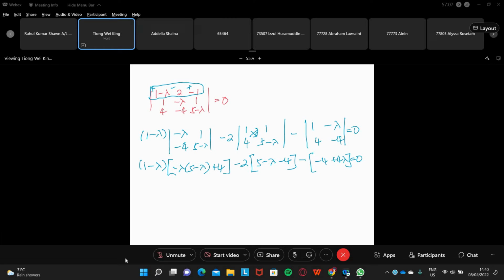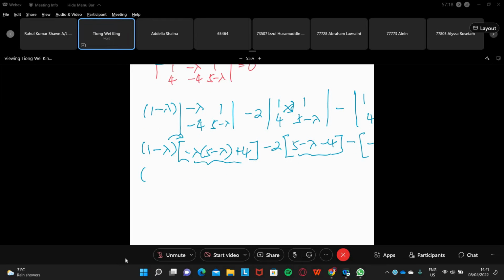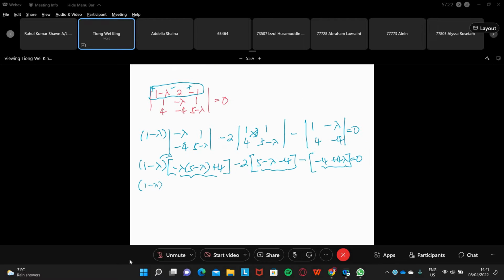So don't be so eager to expand this. We try to simplify everything in the bracket first. So 1 minus lambda times, if you simplify this, lambda squared minus 5 lambda plus 4.